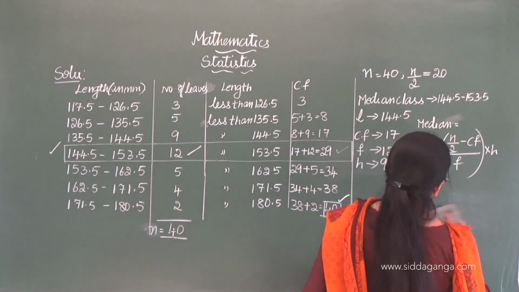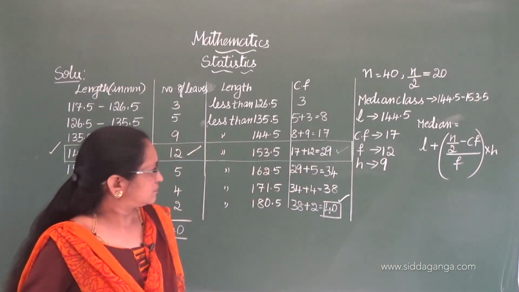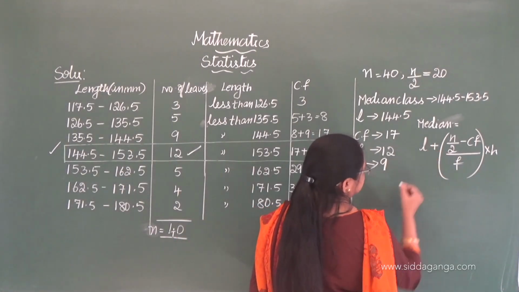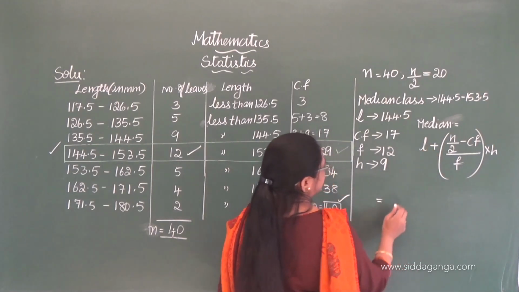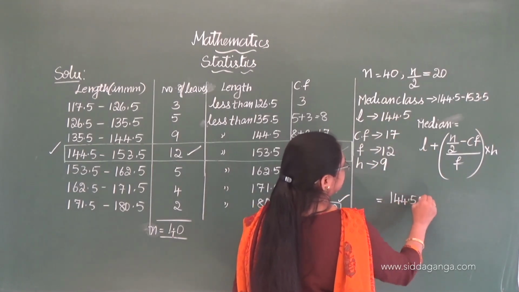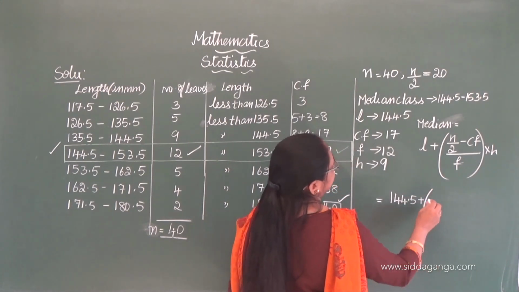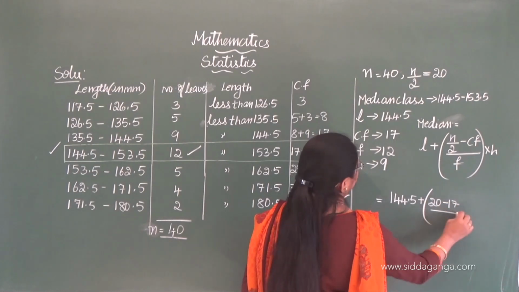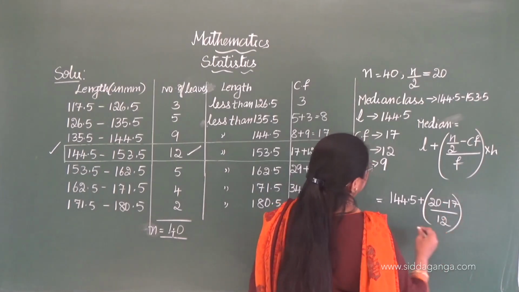Now, let us find out median. Since there is no place here, I will write from here. L is how much? 144.5 plus n by 2. N by 2 is 20 minus 17 divided by F, which is 12, and H is 9.